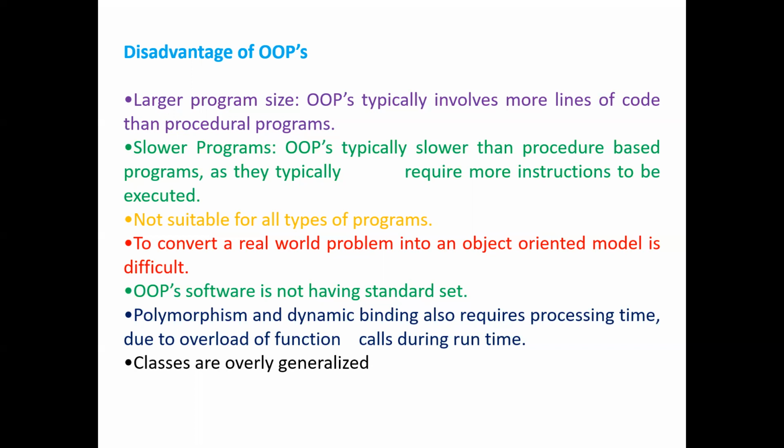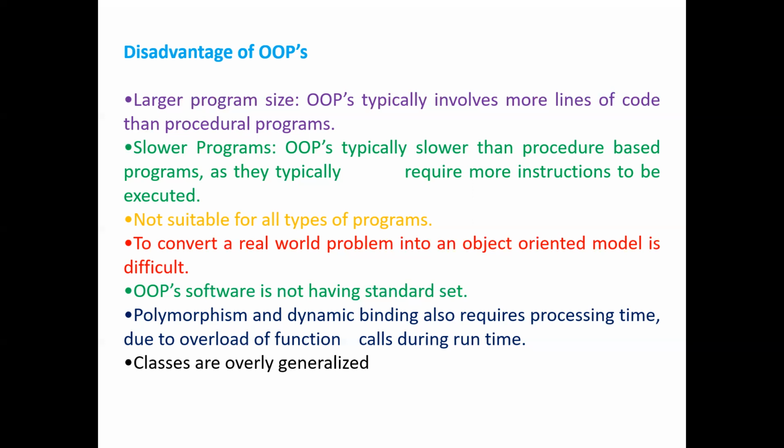Then second one, slower programs. The second disadvantage is slower programs. Object-oriented programs are typically slower than procedure-based programs, as they typically require more instructions to be executed. It is mentioned here that the processing speed of object-oriented programming is slow compared to procedure-oriented programming.